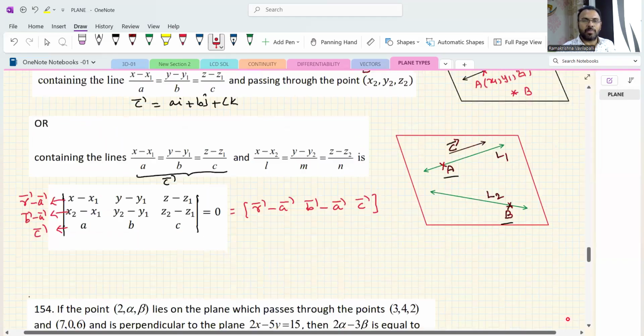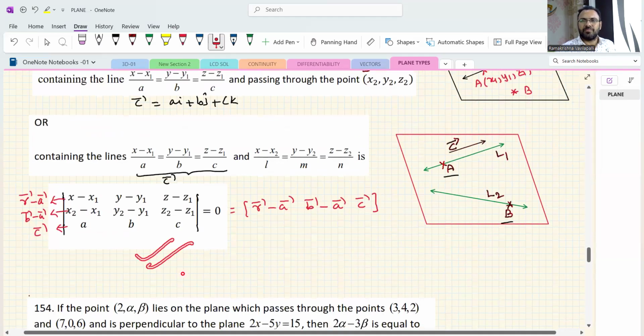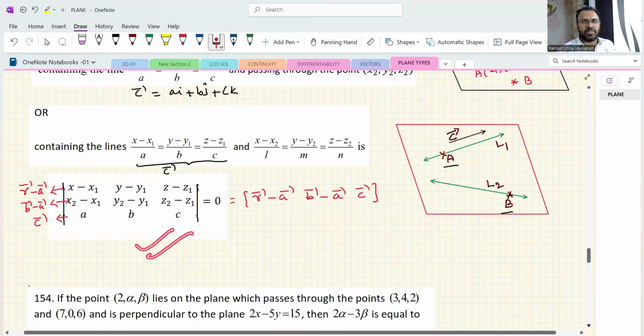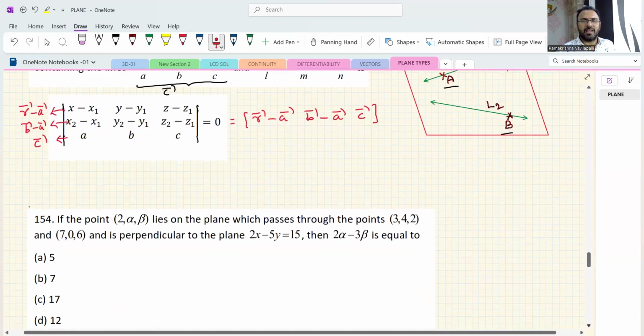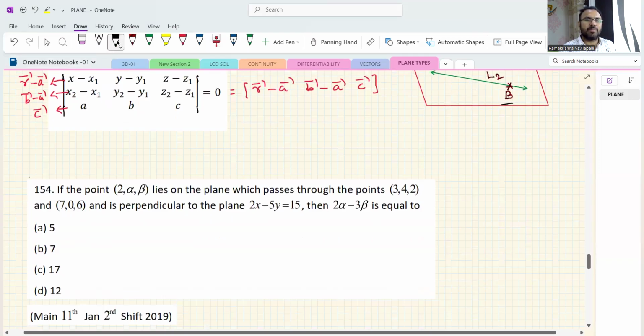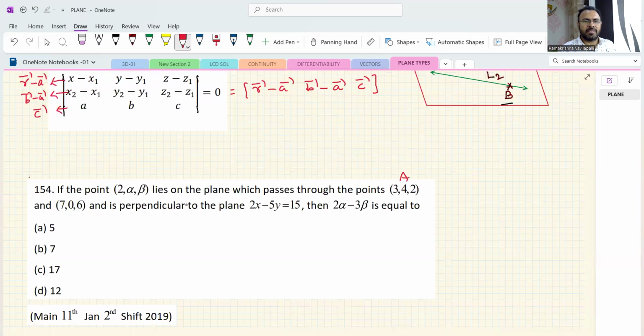So what is the formula? This is the formula, so I'll keep it there. This is the first point A, this is the second point B.